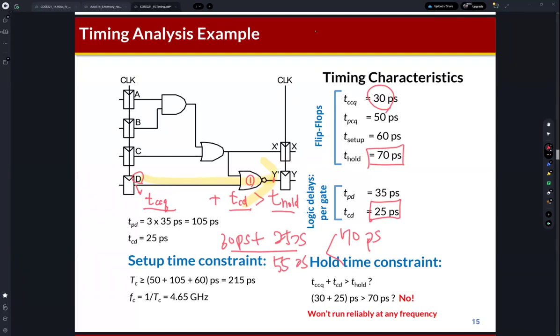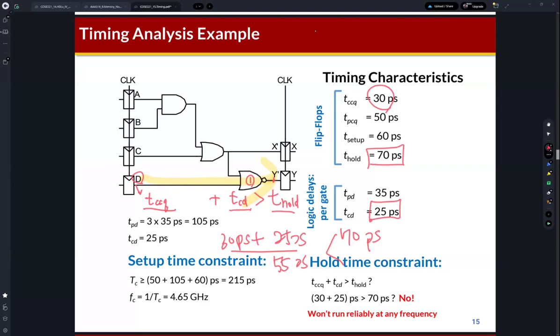The problem is that the minimum delay is too small, so it violates the hold time constraint and the system is unstable. We can increase the delay. How? We can add gates.